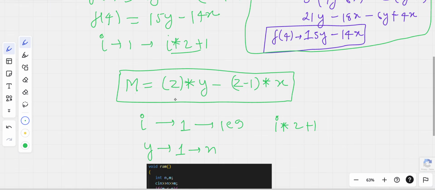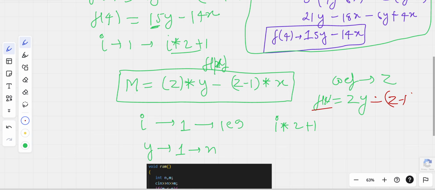So suppose this is f of k, and if you replace the coefficient with z, then it will become z times y. Like here you can see that if you replace this with z, then it will become z times y. f of k will become z times y minus z minus 1 times x.